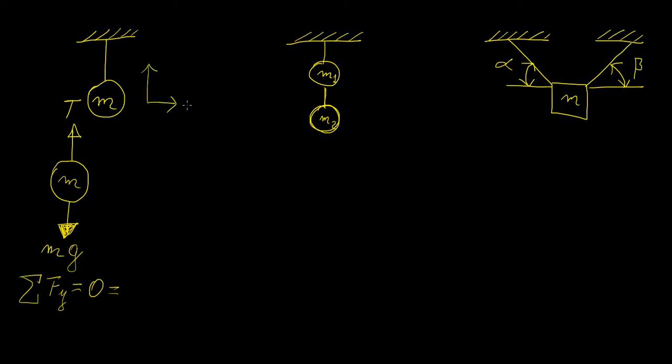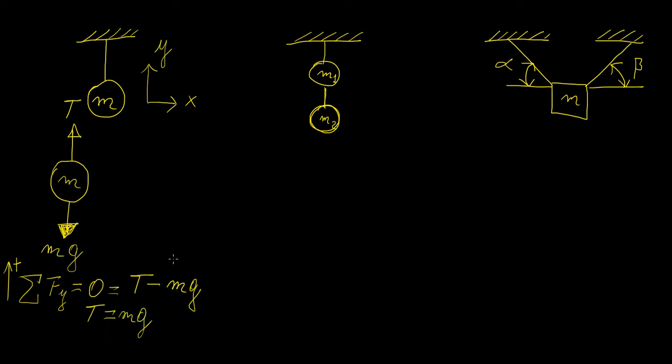We're going to choose the following set of axes: Y pointing upwards and X pointing to the right. So our forces are going to be positive if they're going upwards. We notice that T is going upwards, so that is a positive force, but mg is going down, so we say T minus mg, and that should be equal to 0. Now you solve for T. T is going to be equal to the weight, so mg.